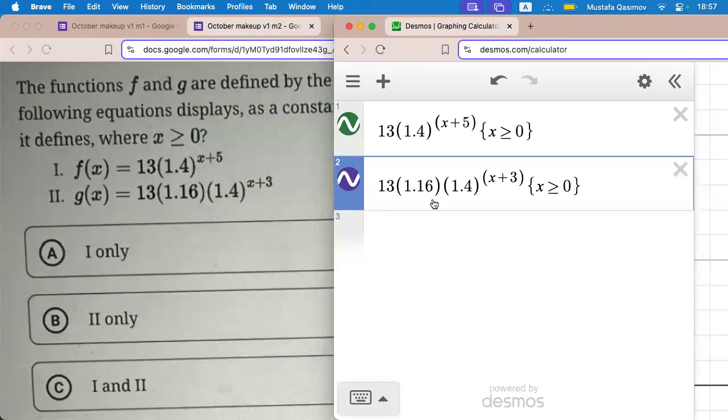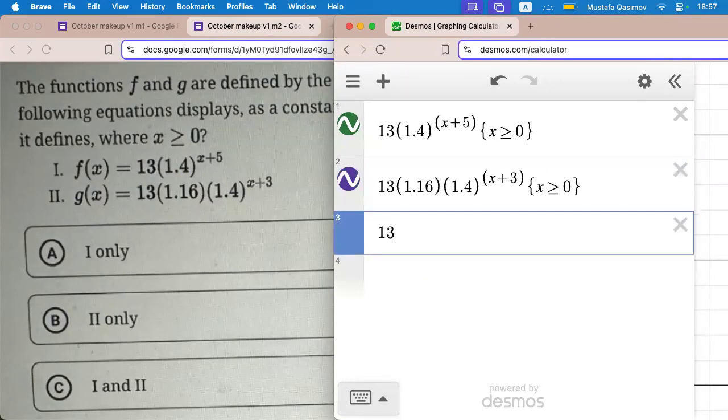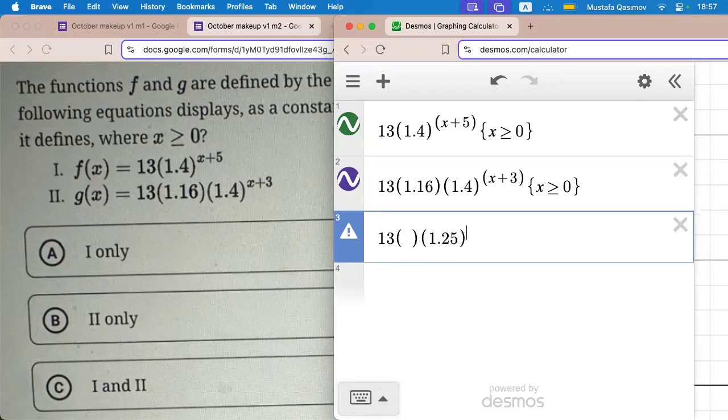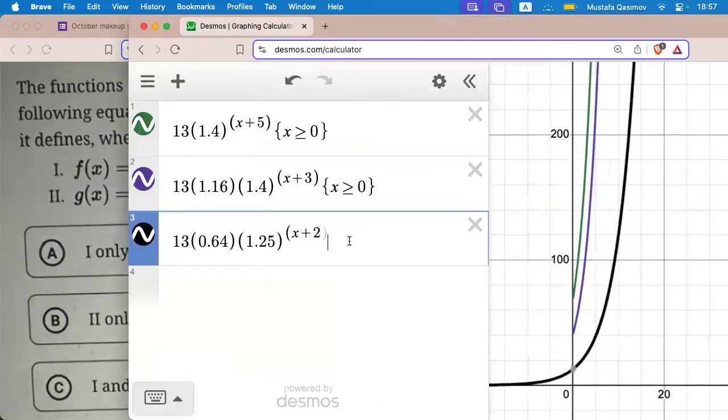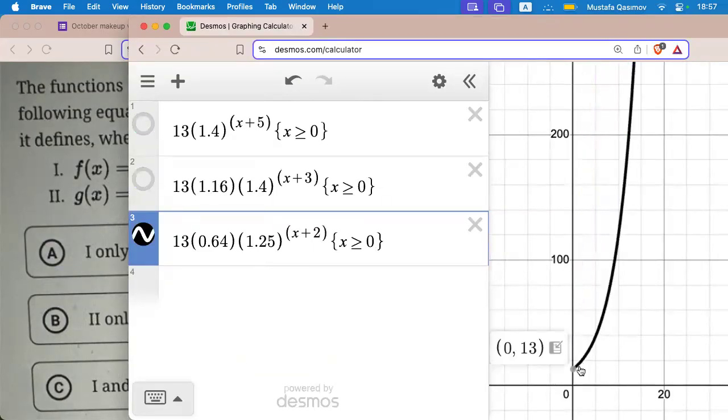Maybe you can think it is always D, but we have some cases here which can be correct. For example, certain multiplied by 1.25 to the power of x plus 2, and let's write here 0.664. And let's also write here, x is greater than or equal to 0. So we have certain here, so it's correct.